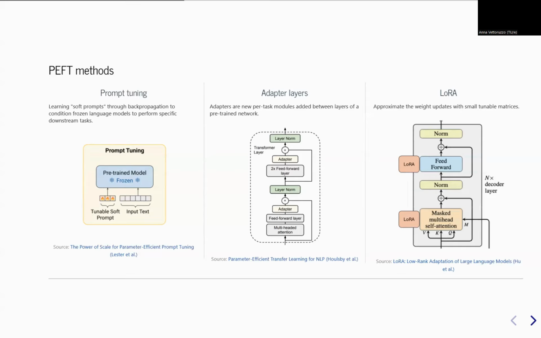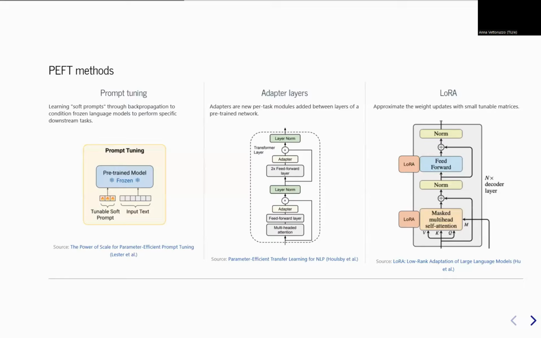And finally, probably the most used technique nowadays is LoRA, which stands for low rank adaptation. The idea here is that we can approximate the weight updates of the large language model with some small tunable matrices. Please look at the difference between adapter layers and LoRA here.